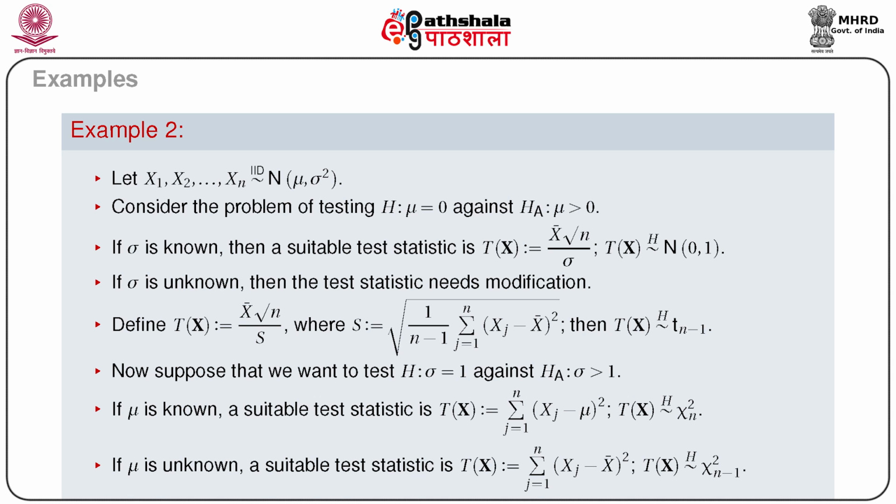In that case, we replace mu by x bar and modify our test statistic as Tx equals summation over i from 1 to n of xi minus x bar whole square, which follows chi-square distribution with n minus 1 degrees of freedom under the null hypothesis. In both cases, we use a right-tailed test for testing H against HA.